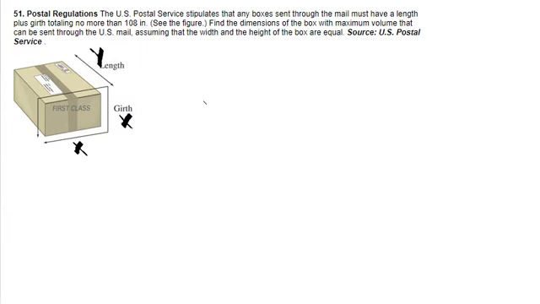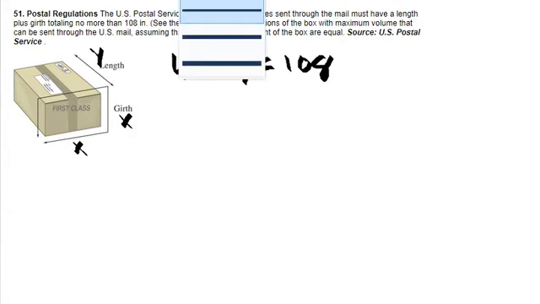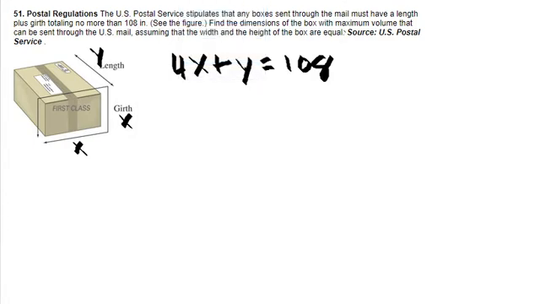What that tells us is that the wraparound plus the length would have to be 4x plus y equals 108. We say 108 just so that we maximize the volume as much as possible.